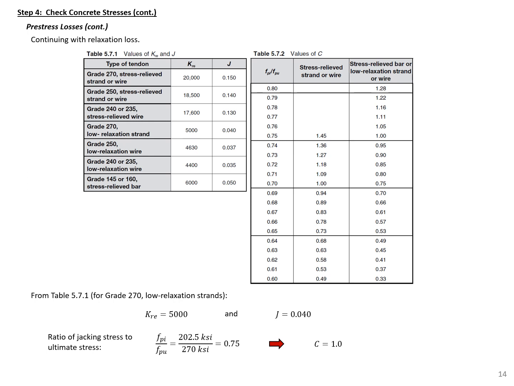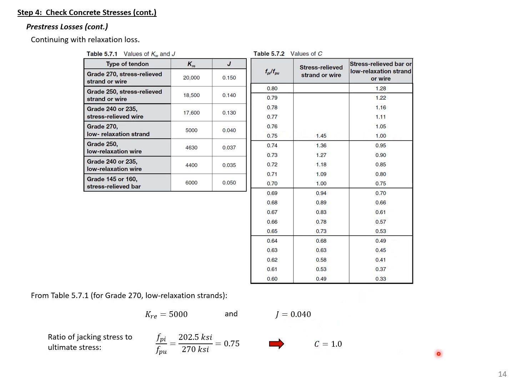Finally, we need to calculate our relaxation loss. To do that, we'll need to find some of our constant coefficients here. We have grade 270 low relaxation strands, which are the typical strand used. So we'll have a K relaxation equal to 5,000 psi and a J equal to 0.04. For our C value, we were given that our initial pre-stress is 75% of our ultimate stress in the strand, so we have a C equal to 1.